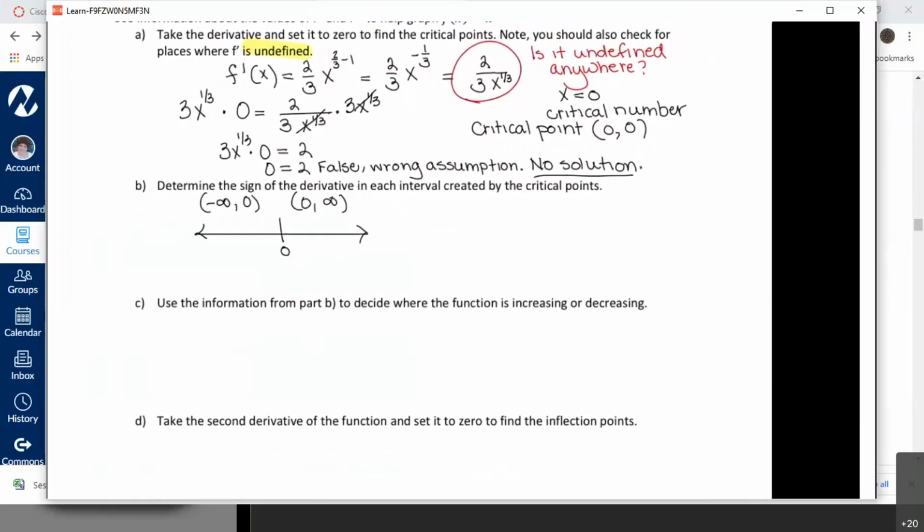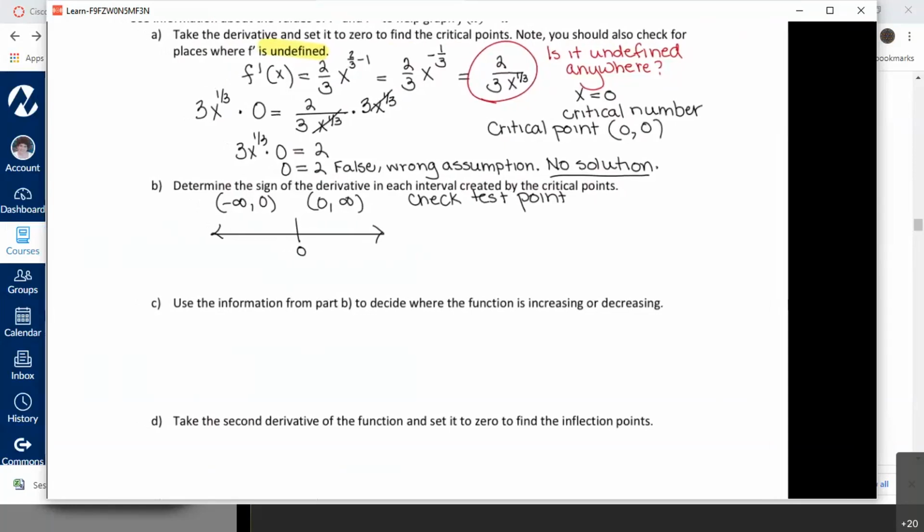And again, it's totally up to me what x values I want to pick as test points. So again, you might pick -1 in the first interval, and I might pick, again, -2. It doesn't matter.